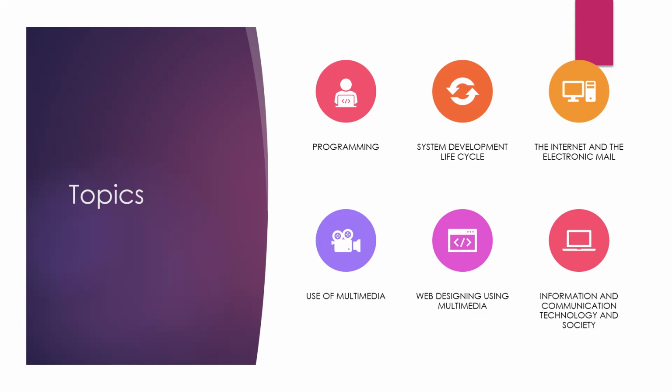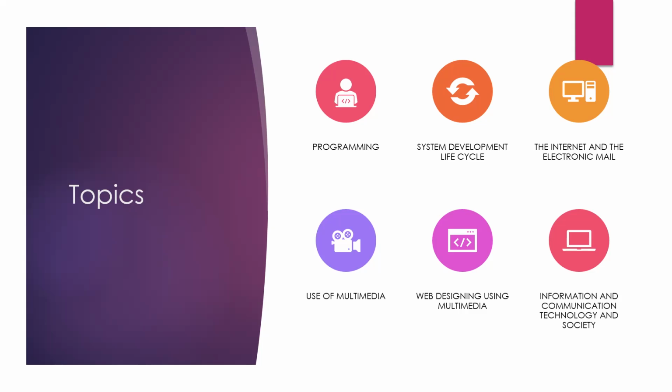So the first question that I would like to raise with you is what you learn in ICT. So we have 6 topics: the programming, information systems, the system life cycle, SDLC we normally say.